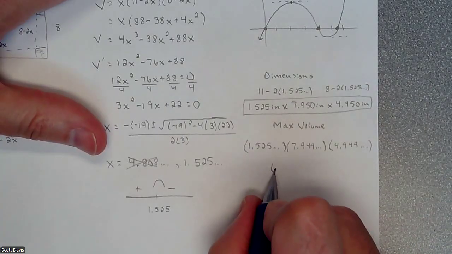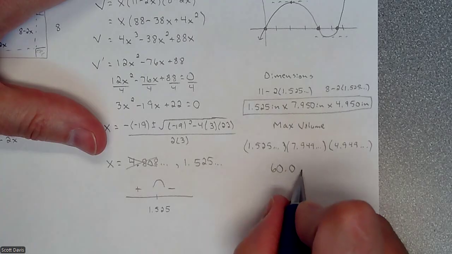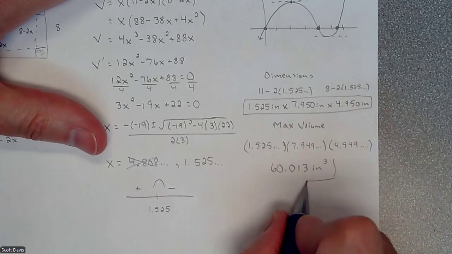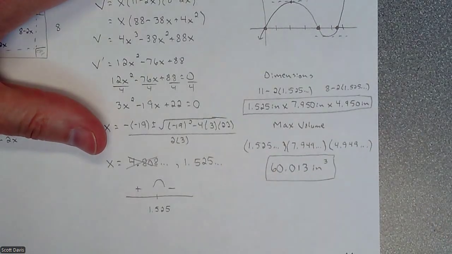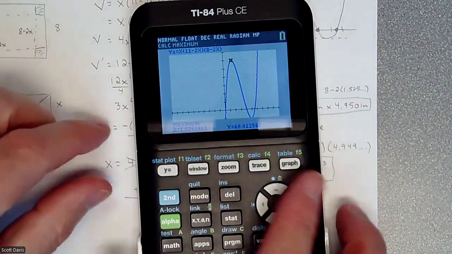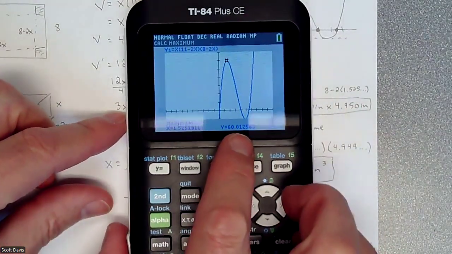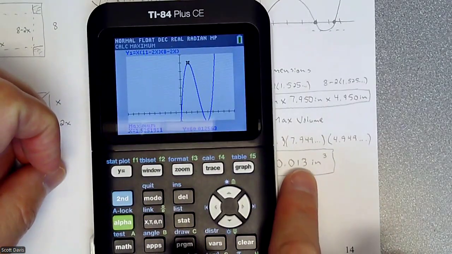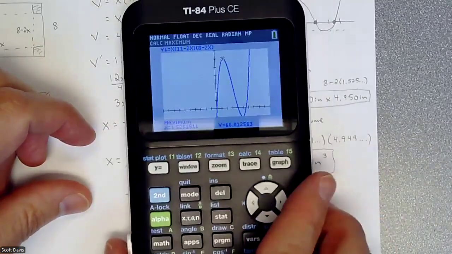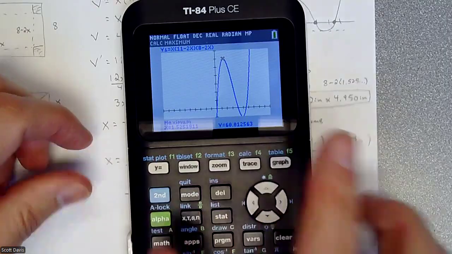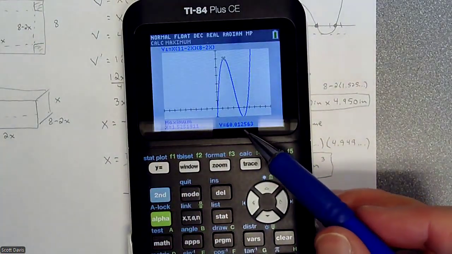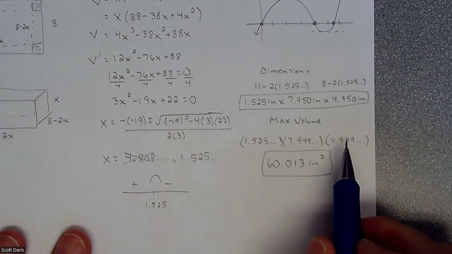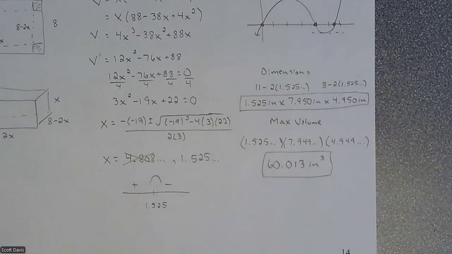And I get a maximum volume of 60.013 if I cut it off at 3 decimals. So if I go back to the work that the calculator did, it gives me that same thing of 60.125. That 5 rounds me to a 3. And I would have seen that exact same decimal in everything. I would have had the 2, the 5, the 6, and the 3 when I multiplied those 3 values together. So that's as accurate as I can get it with this calculator.